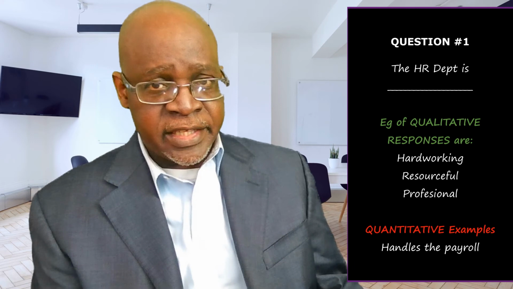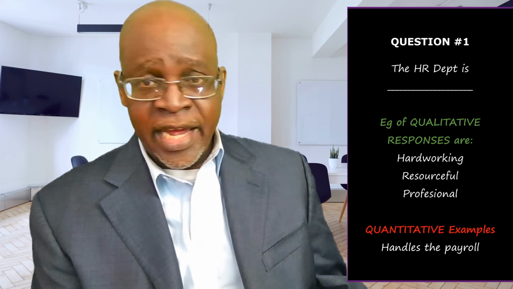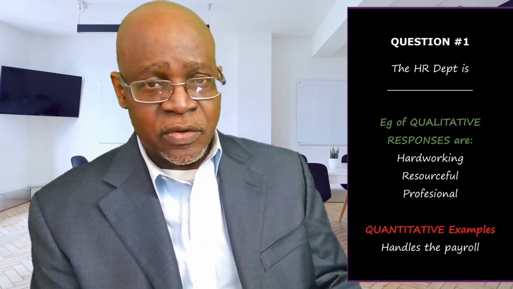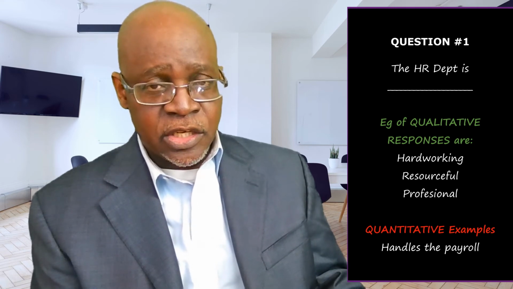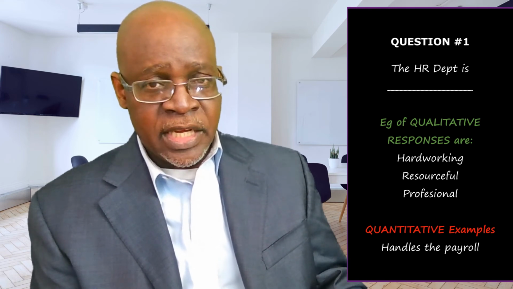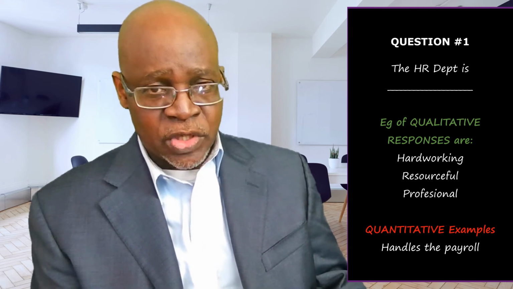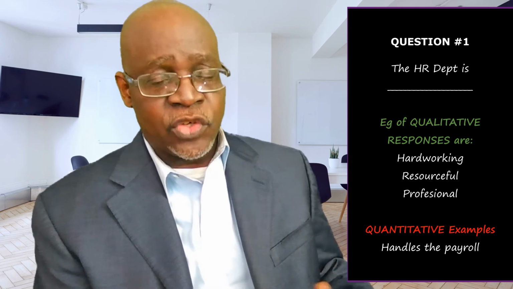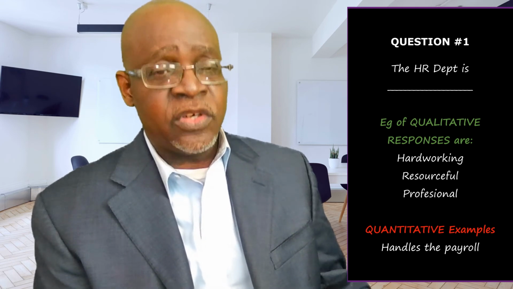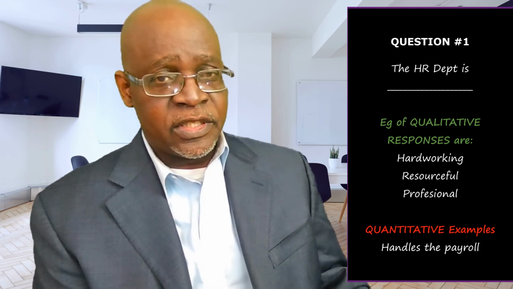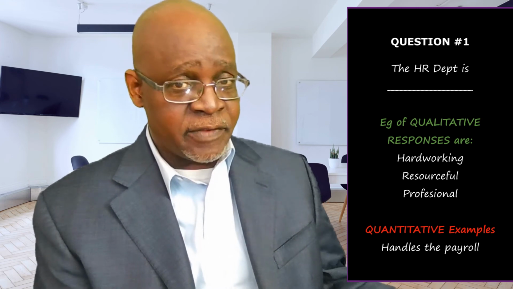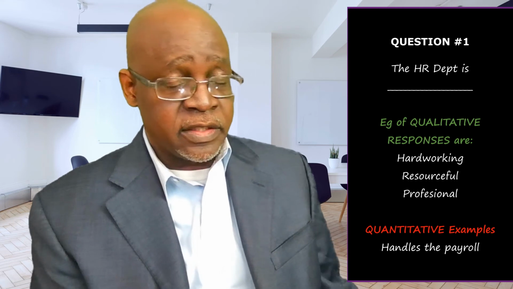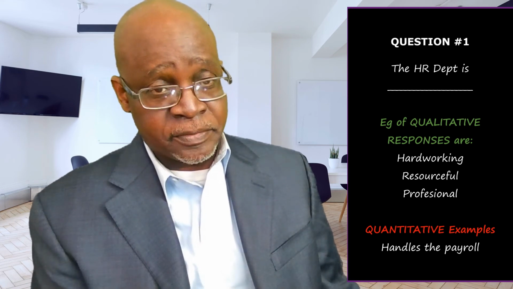A response like the HR department handles the payroll is more of a quantitative or functional response. So what you're looking for is a qualitative response. These examples are going to be part of the survey, so the person taking the survey has an example of the difference between qualitative and quantitative, and they give qualitative responses.